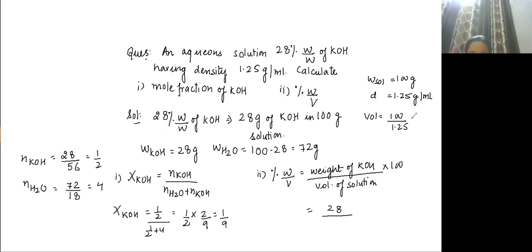So on solving this, what will you get? That is equal to 80 ml. So 28 by 80 into 100. So what is percent weight by volume? That is 35%.